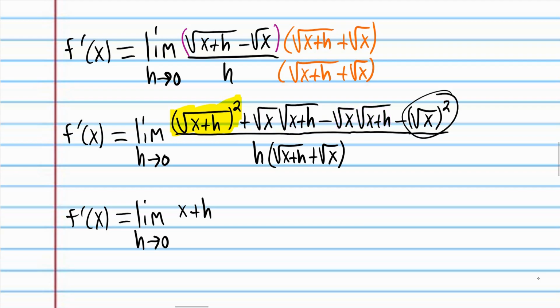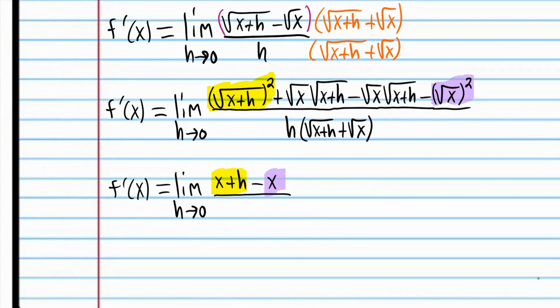And squaring is the opposite of square rooting, so again we just have x. So this expression over here became x, and this expression became x plus h.